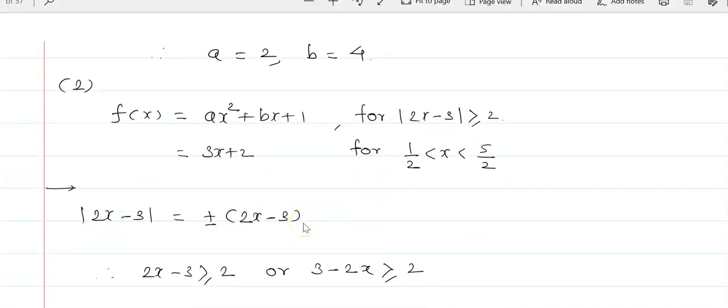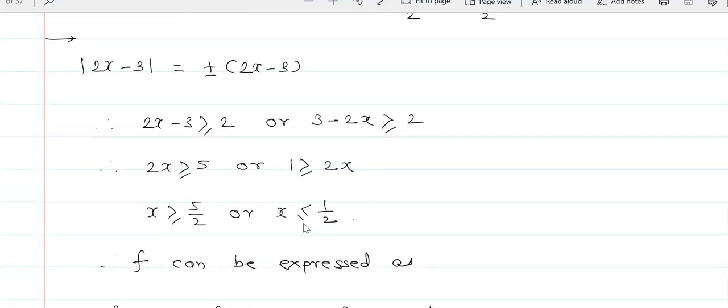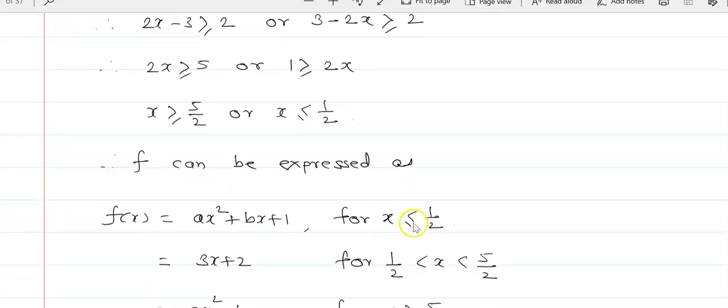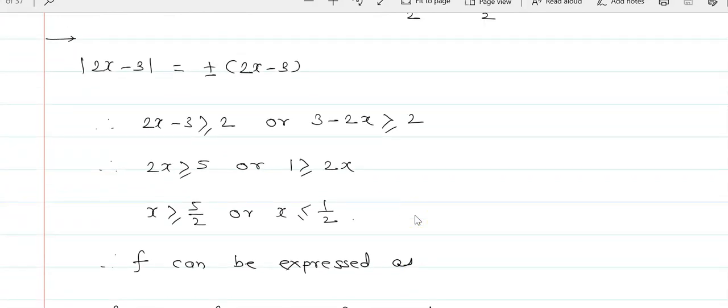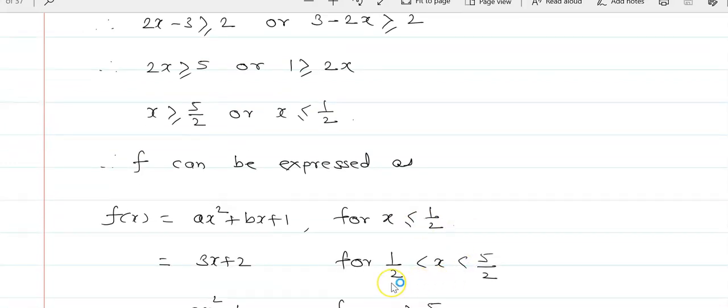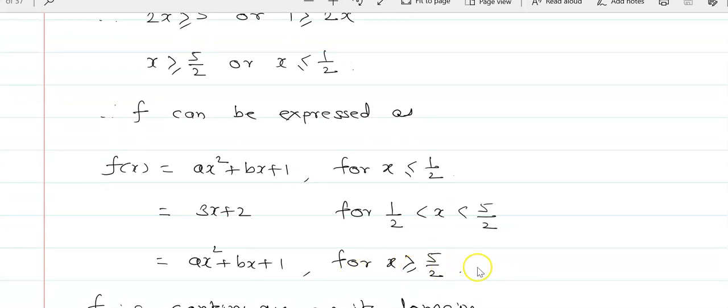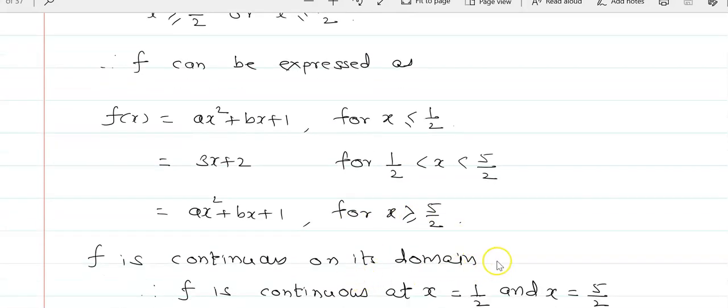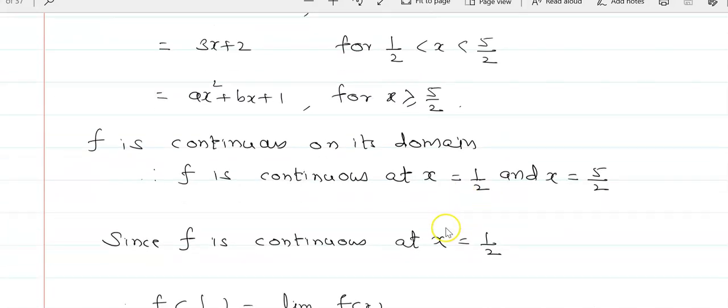The function f can be expressed as, for x less than or equal to 1 upon 2, x lies between 1 upon 2 and 5 by 2, x greater than or equal to 5 by 2. f is continuous on its domain. Check the continuity at x equals 1 upon 2 and x equals 5 by 2.